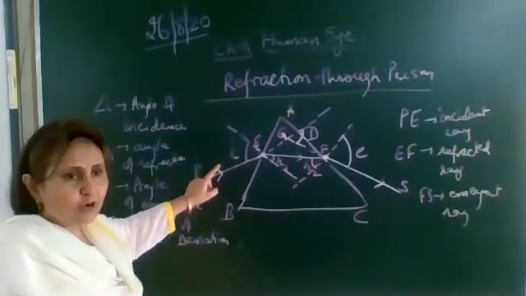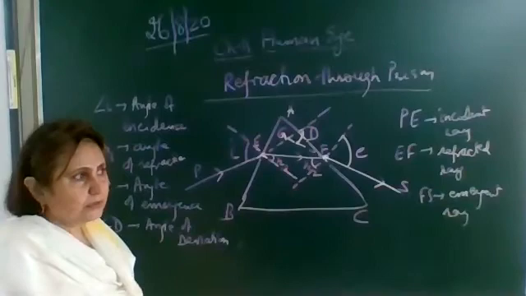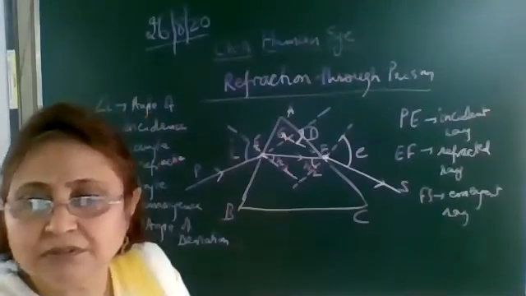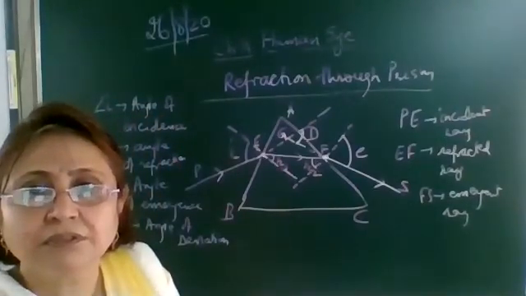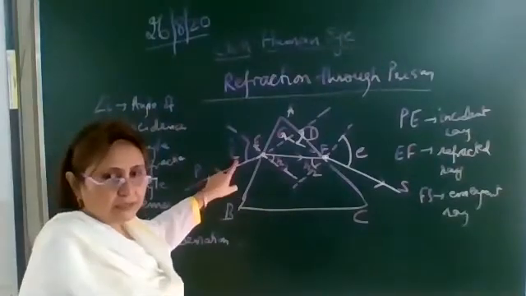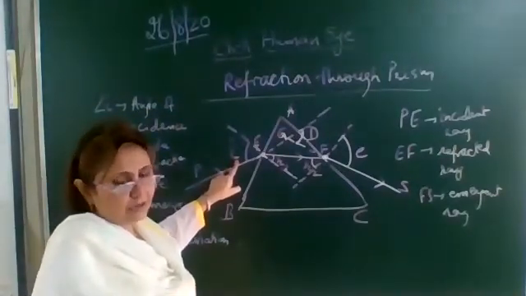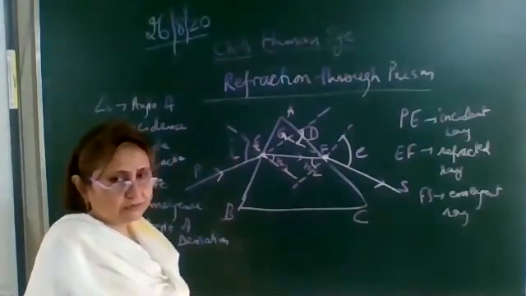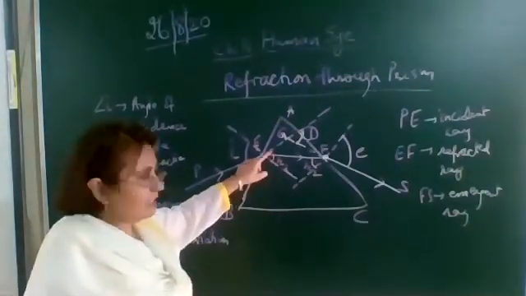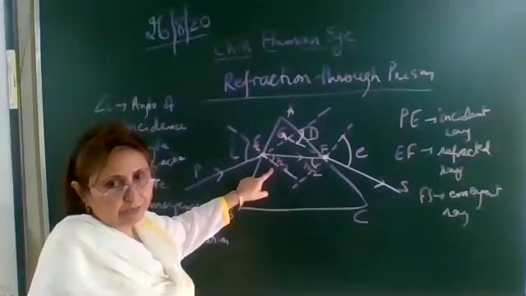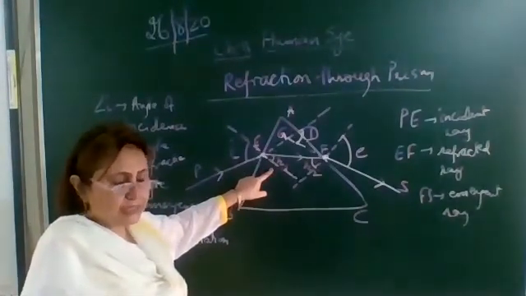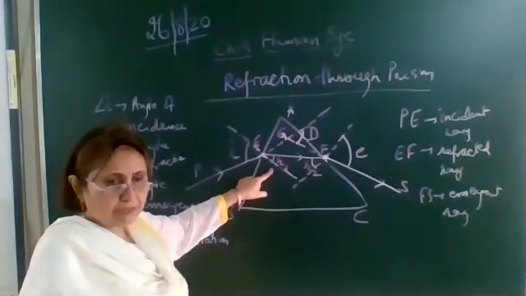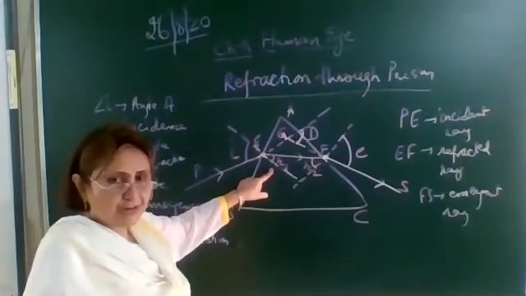Write down the angle formed between the incident ray and the normal: it is angle I, called the angle of incidence. Write down the angle between the refracted ray and the normal: angle R1 is called the angle of refraction.